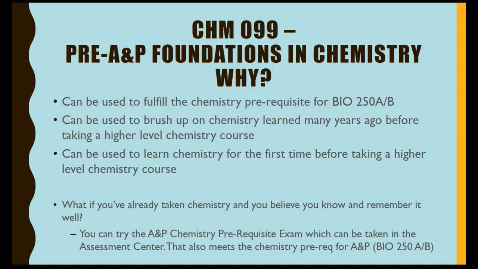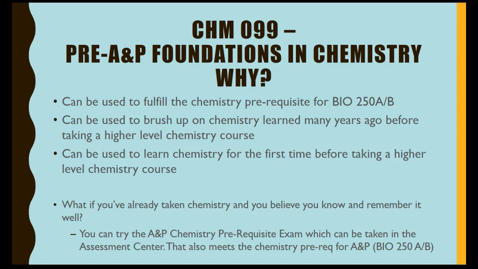This can also be true if you've never taken chemistry before and you're a little nervous about it. Chem 099 can be used to get you some background knowledge before taking a higher level chemistry course like Chem 101 or 103 or even Chem 115.